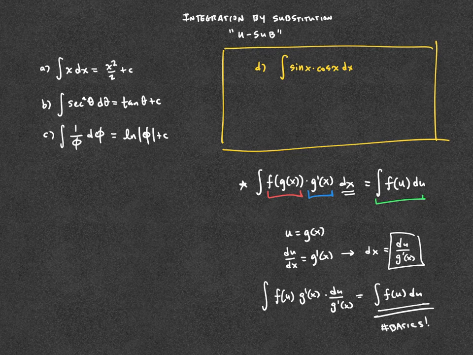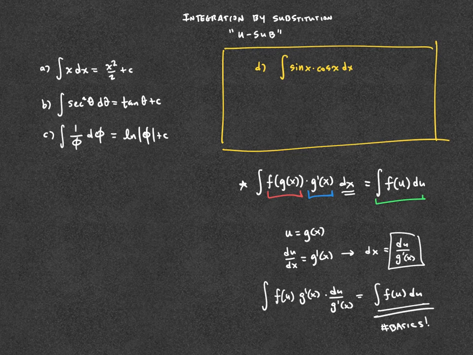Now, of course, I go back to my basic integration techniques, and I'm good to go. Let's see how that works up here in example D. What is f of g of x? Well, it's actually not a composition of two functions, though you could think of it that way.